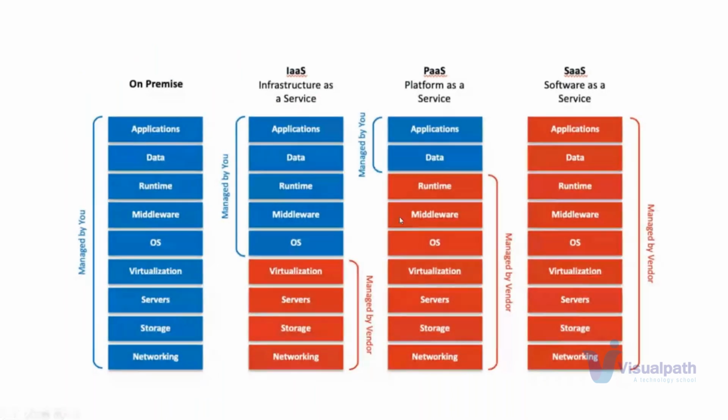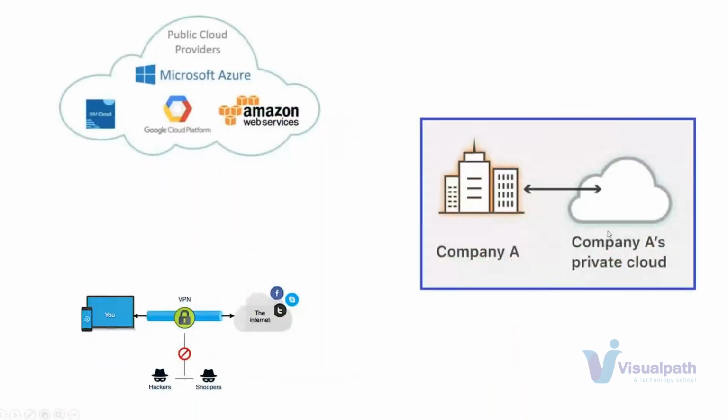In a private cloud, the company has a vendor who provides a complete data center to that particular organization, and only the connectivity is there between the organization and that cloud. It has some advantages and some disadvantages. Keeping that aside, this is what the traditional culture is.